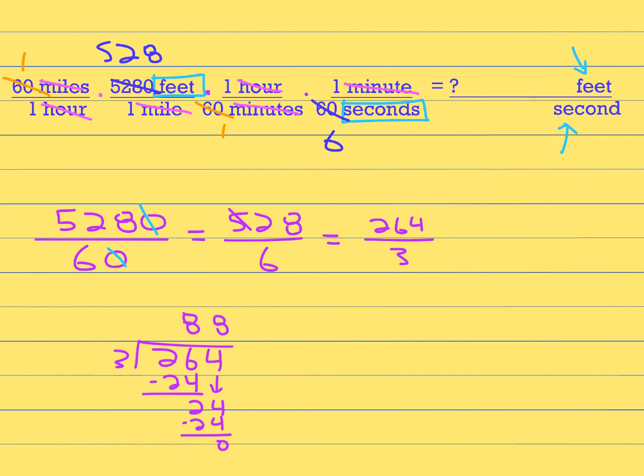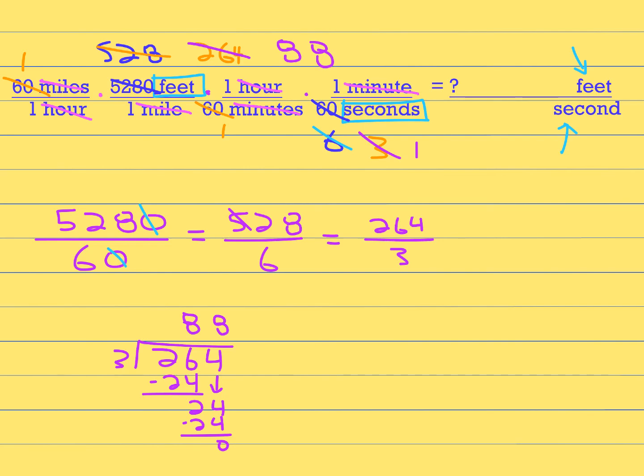The ones in blue up top here, that canceled, by the way, to a 3 when this one canceled to 264. And we can cancel one more time, dividing them both by 3. That becomes a 1. That becomes an 88. And therefore, what do we have left?